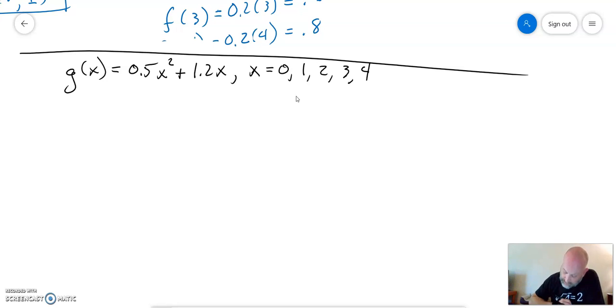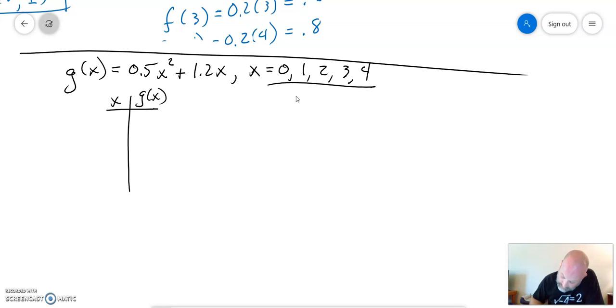Okay, whether you paused it or not, let's see what we got. The table I'm looking for is going to look like this. My evaluation points are going to be 0, 1, 2, 3, and 4.